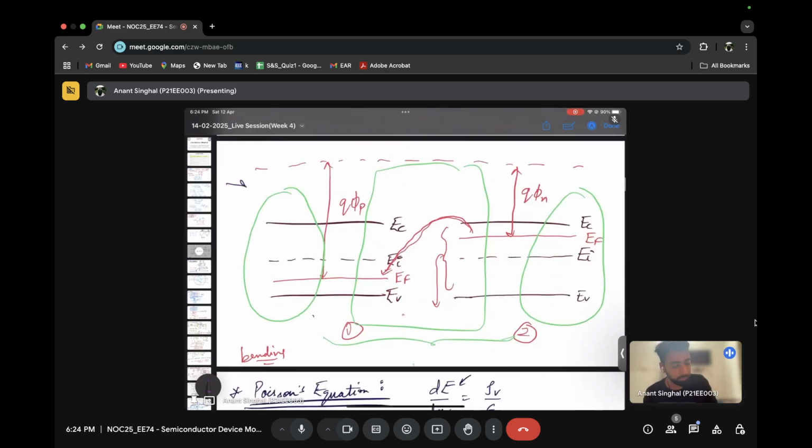So this is a very important diagram. You should see that the electrons always move from a higher Fermi level to a lower Fermi level, and using this you can make any band diagram.